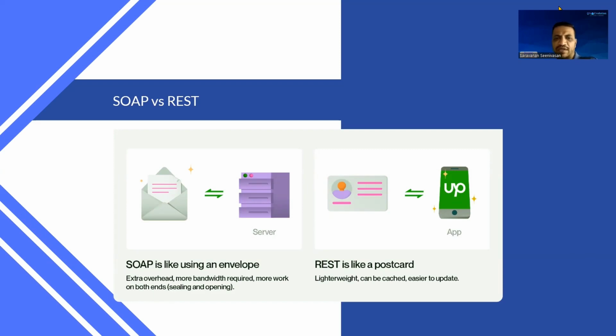SOAP is more like an envelope, with extra overhead, more bandwidth required, and more work on both ends, since it deals with the XML data format being exchanged. REST is more like a postcard. It is lightweight, can be cached, and is easier to update. So we will be seeing more about REST APIs rather than SOAP.